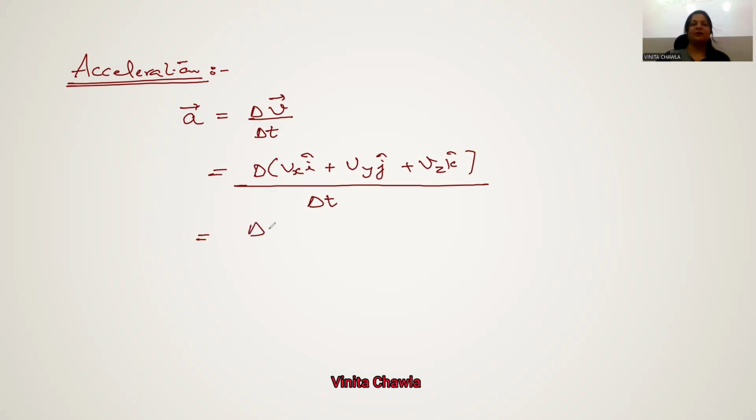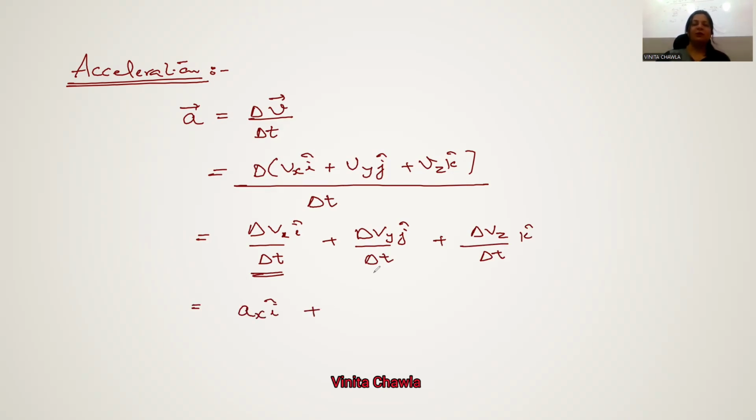Further, we can write this separately for individual terms: delta vx by delta t i cap plus delta vy by delta t j cap plus delta vz by delta t k cap. This is the acceleration along the x-axis, this is the component of acceleration along the y-axis, and this one is the component of acceleration along the z-axis.